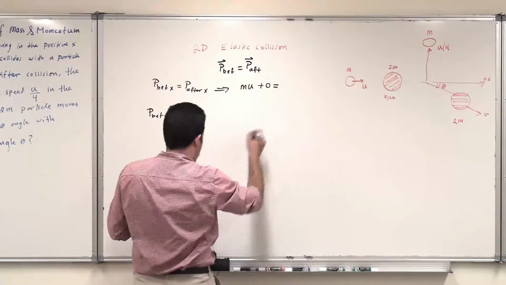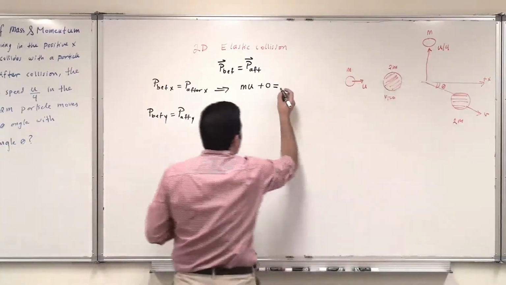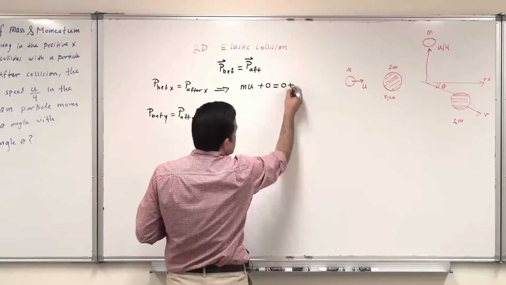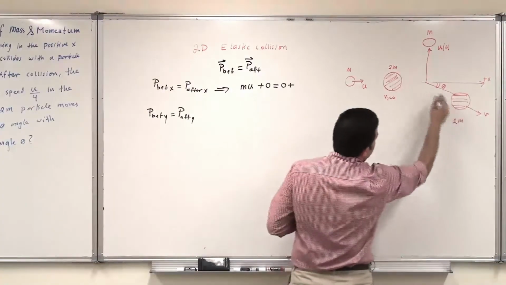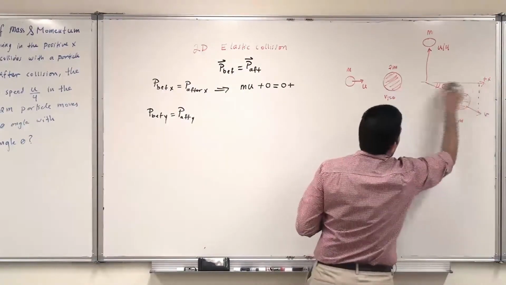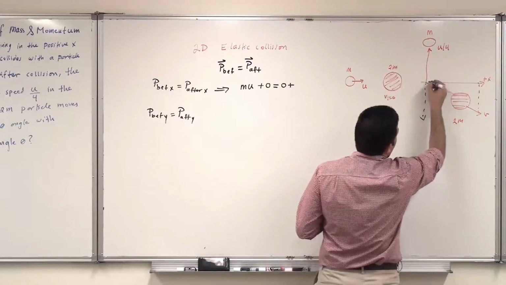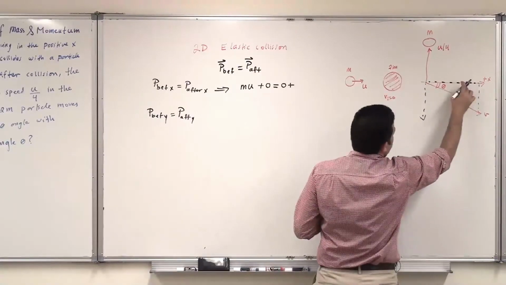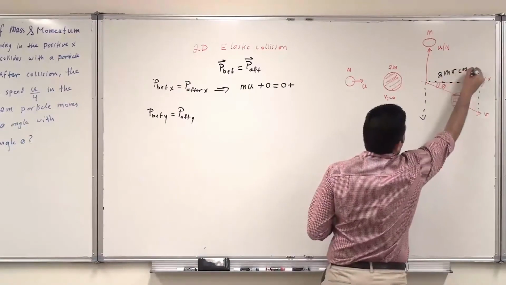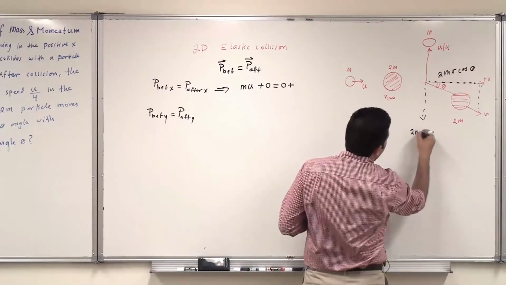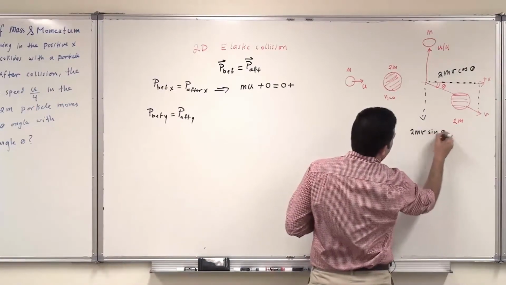And this should equal, for the smaller particle, there is no x momentum, so it is 0, plus this one will have an x component of the momentum, but we need to, of course, analyze it into its components. So this is the x component, which is 2m v cosine theta. And this component is 2m v sine theta, 2m because the mass is 2m.